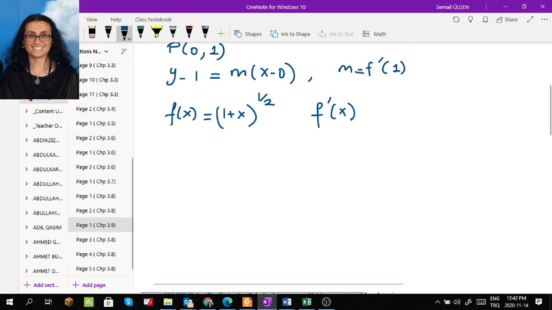The derivative of this is 1 over 2 times 1 plus x, decreasing the power by 1, times the derivative of the inside function, which is 1. What's the value at 1? Pardon, at 0, I'm sorry. This should be 0, because x is 0, right?